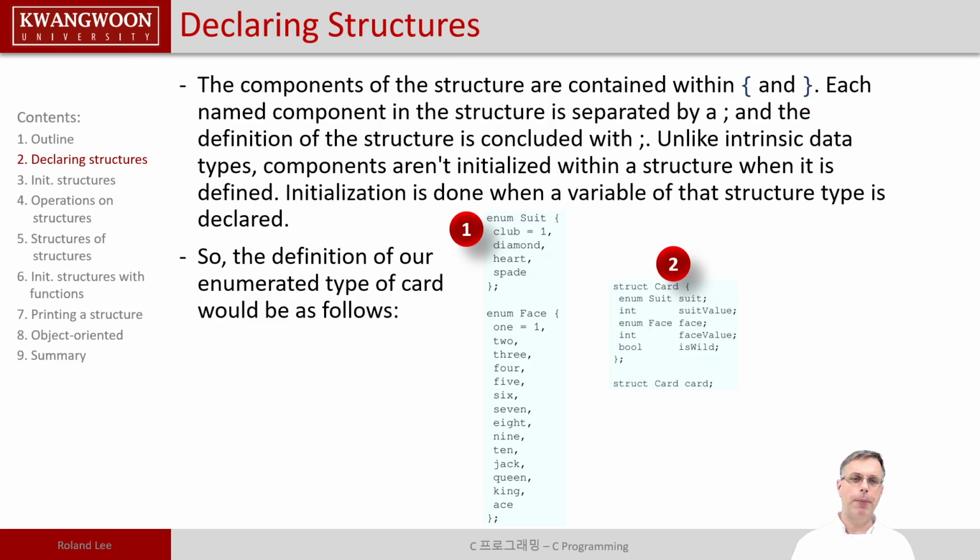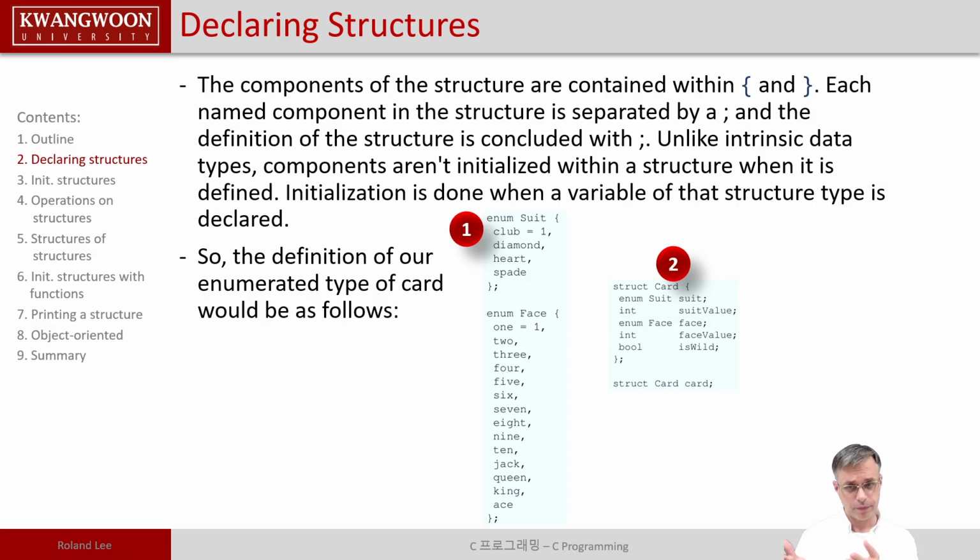Each named component in the structure is separated by a semicolon, and the definition of the structure is concluded also with a semicolon. Unlike intrinsic data types, components aren't initialized within a structure when it is defined. Initialization is done when a variable of that structure type is declared.